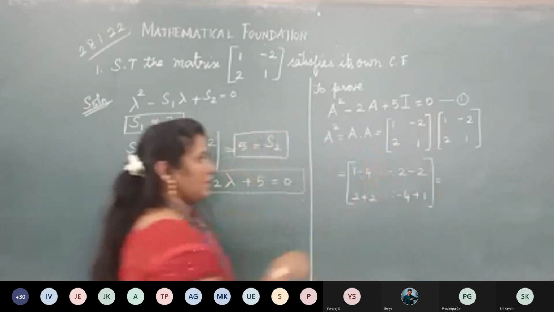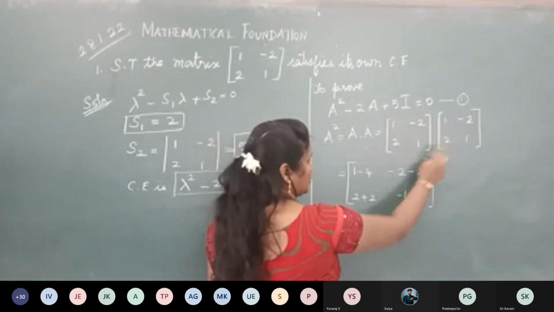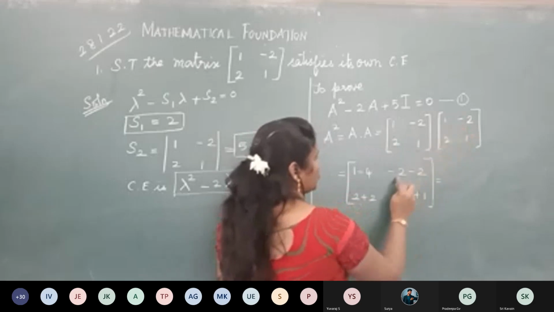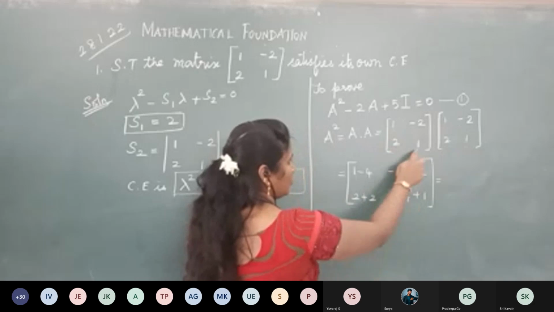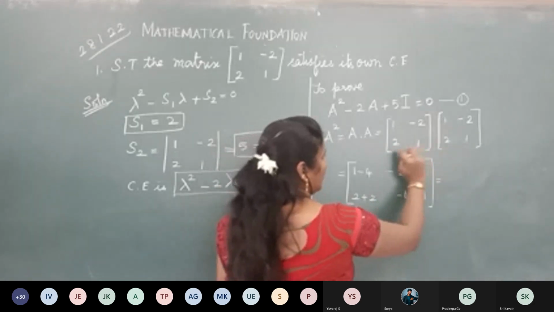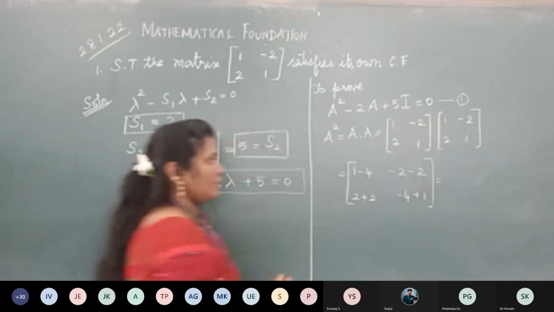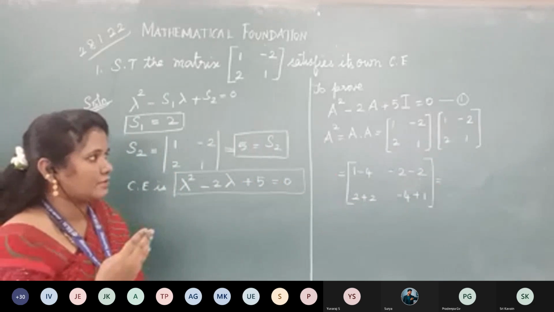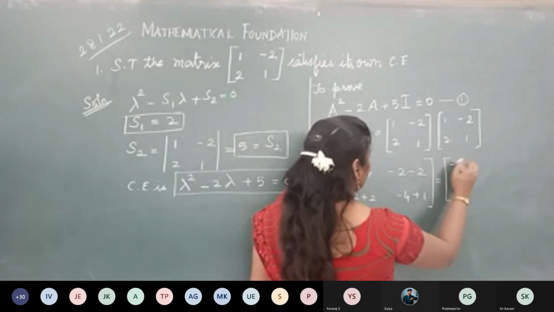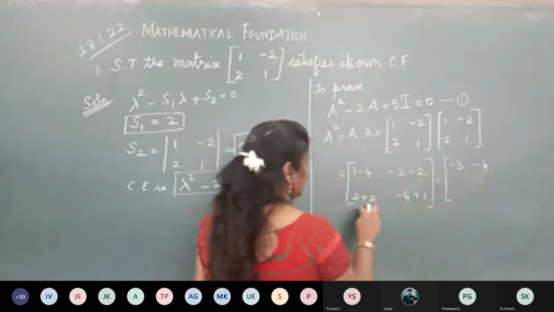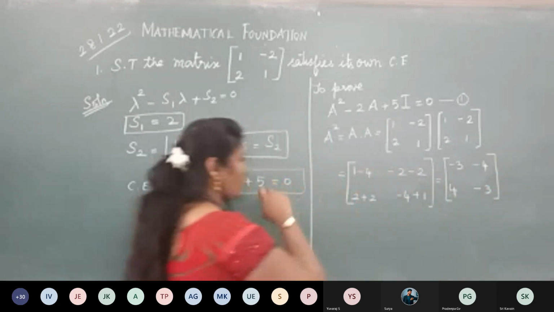I'm multiplying 1 into 1, 1, minus 2 into 2, minus 4. 1 into minus 2, minus 2, minus 2 into 1 is minus 2. 2 into 1 is 2, 1 into 2 is 2. 2 into minus 2 is minus 4, 1 into 1 is 1. Now your final answer will be minus 3, minus 4, here it will be 4, and minus 3. So we have got your A square.